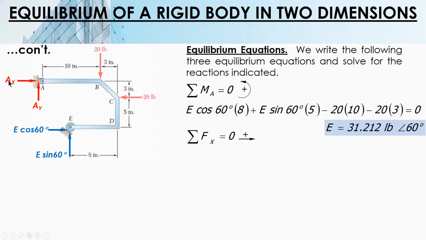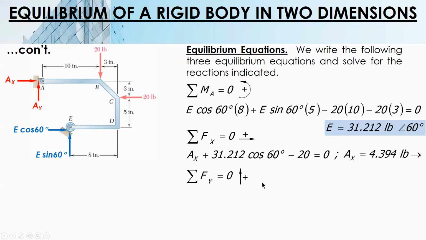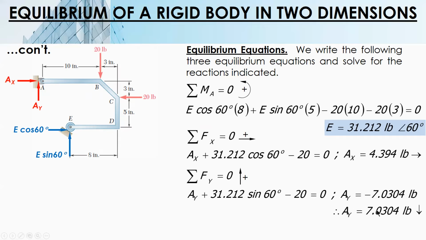And summation of force X, we can solve for AX: AX plus E cosine 60 minus 20. And then summation of force Y. Negative, therefore it is downward. That's why we assumed upward, then it turned out negative, therefore downward.